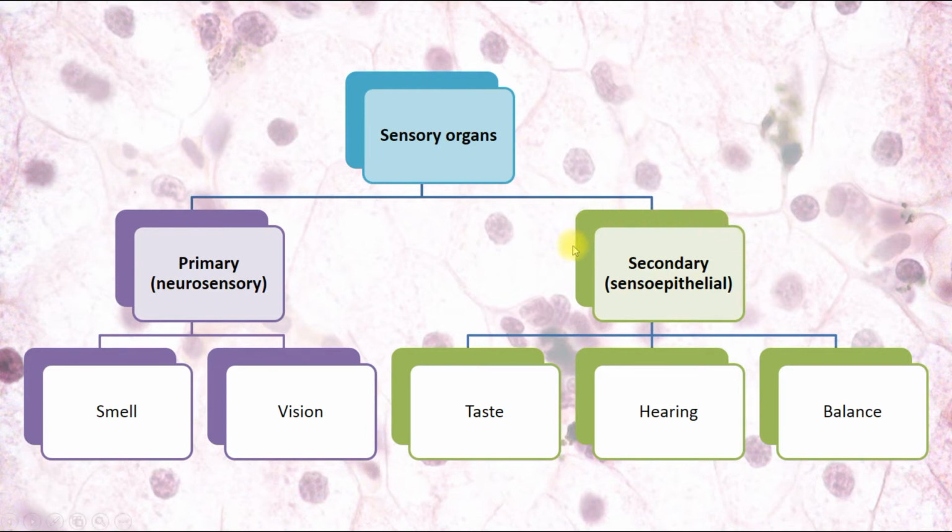In secondary sensory epithelial organs, there are special sensory epithelial cells which send this information to sensory neurons. Primary or neurosensory organs include the organs of smell and vision. Sensory epithelial organs include the organs of taste, hearing, and balance. Two basic types of sensory organs.